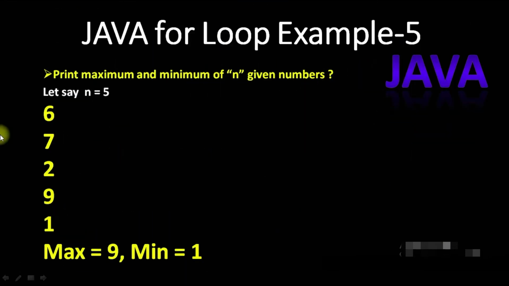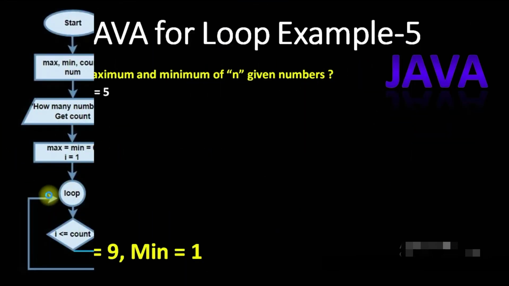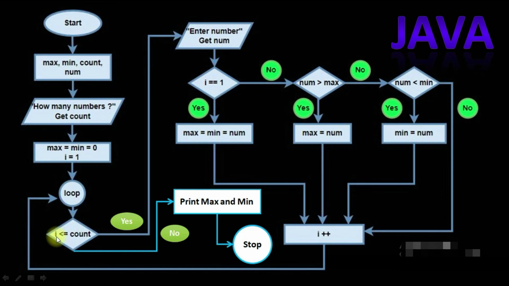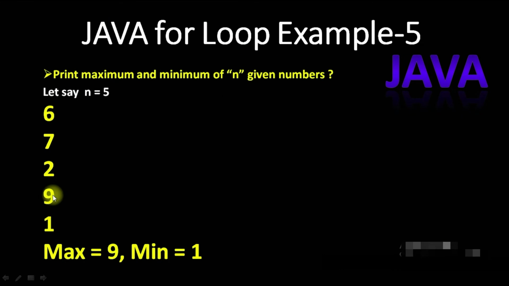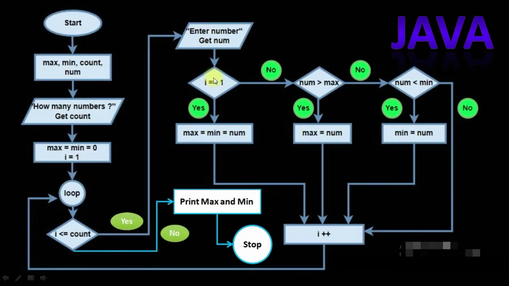So once it increments again, it will iterate the next iteration. In the next iteration, our next value is 9, right? Our next iteration is the fourth iteration, so 4 less than count, meaning 5. Yes, again it will go here and ask the user to enter the number. So now the user enters this 9. Now it will check first iteration, no, it will go here, then number 9 greater than max.